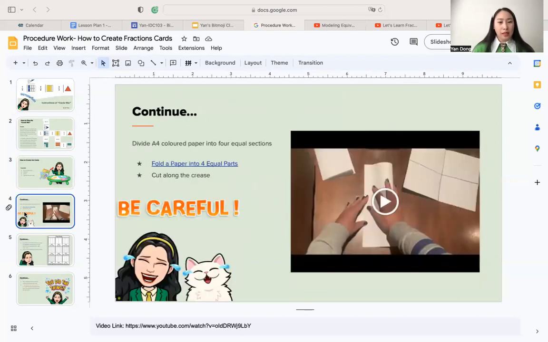This slide is created for how to divide the A4 paper. So this is a tip to teach you how to divide the paper into 4 equal parts. So if you don't know, please feel free to click the video to see more details.